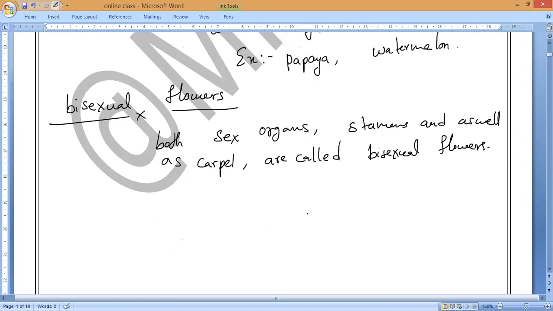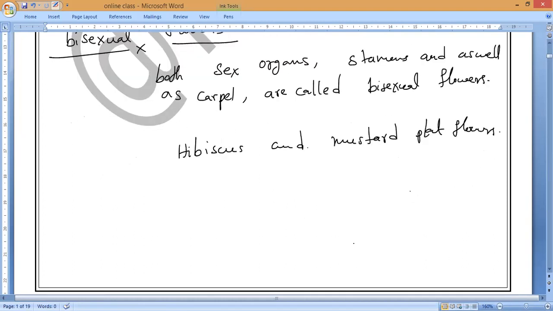So the flowers of hibiscus, or you can say china rose, and mustard plant flowers are all examples of this. Okay, hibiscus and mustard plant flowers. This is what you have to remember.